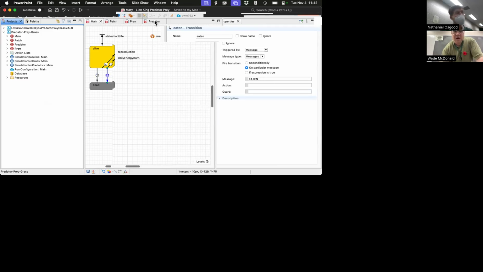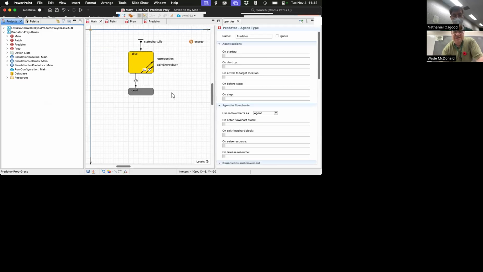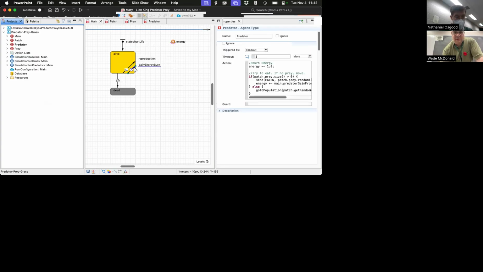Now, if we look at the predator, it has a similar state chart. It also has an energy variable, but its behavior is slightly different. So the daily energy burn, predators always burn energy, and they will try to eat.